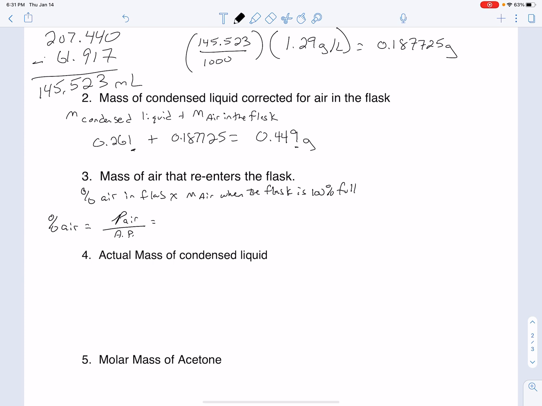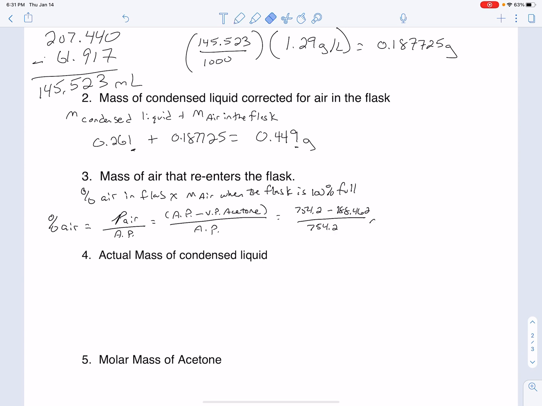Well, the partial pressure of the air is found by taking atmospheric pressure minus the other gas that's in there, the vapor pressure of acetone. Again, all of that over atmospheric pressure. So atmospheric pressure in this case, 754.2. Vapor pressure of acetone, 188.462, all over 754.2.